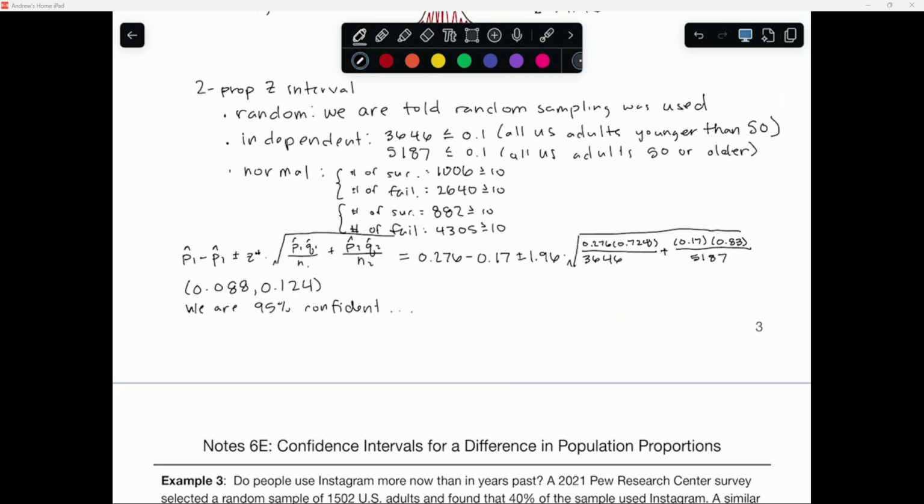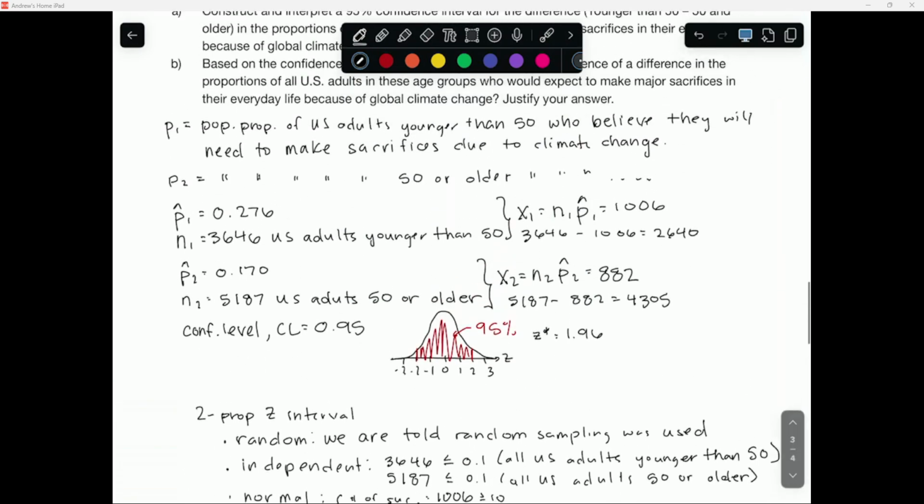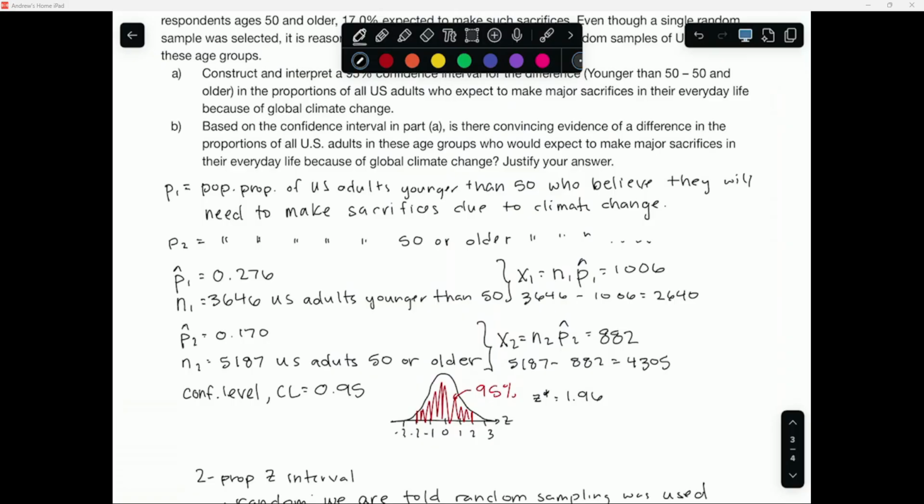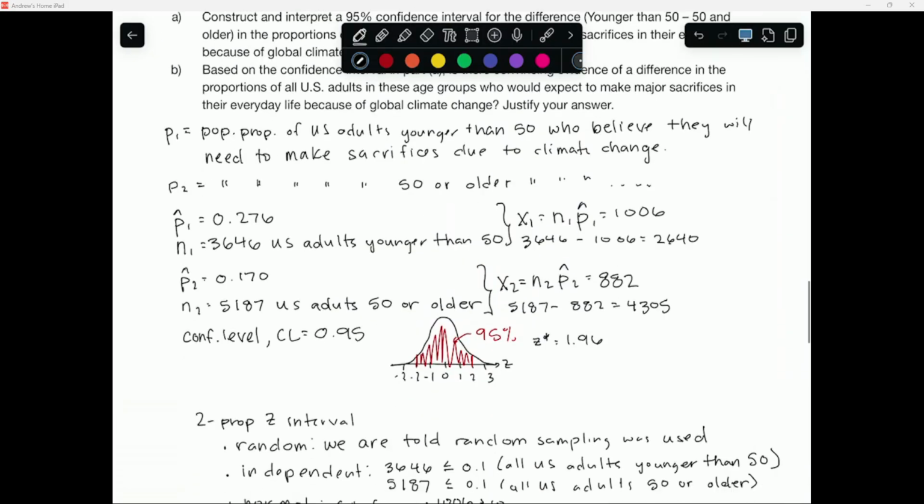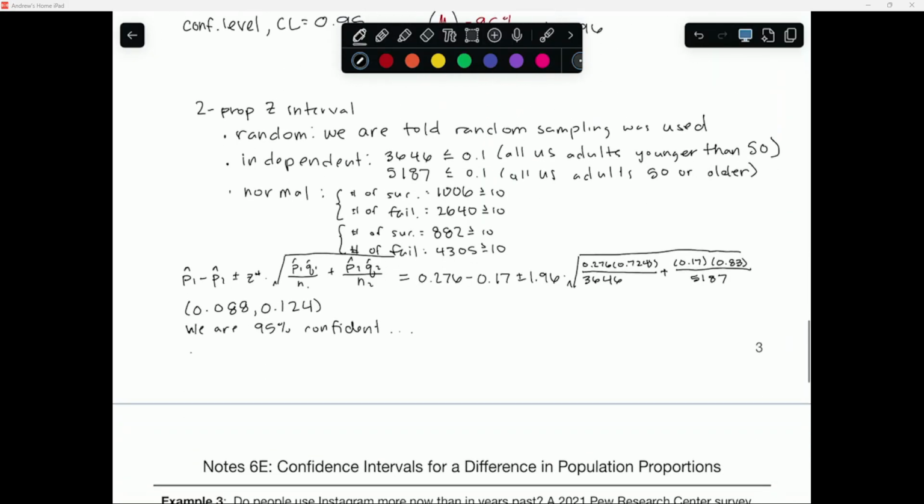The other thing we were asked to check, if I scroll back up, we had a B, based on that confidence interval, is there convincing evidence of a difference? And the answer is yes. Because, when we look at that interval, if there's no difference in those groups, 0 should be contained in that interval. And if I look at my boundaries, that's positive, meaning 0 is somewhere over here.